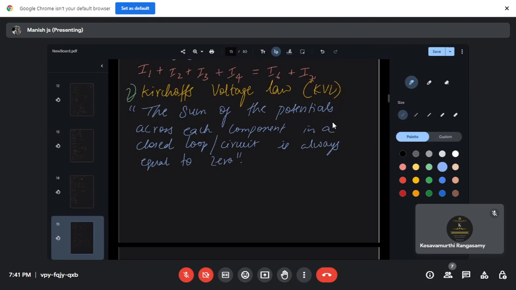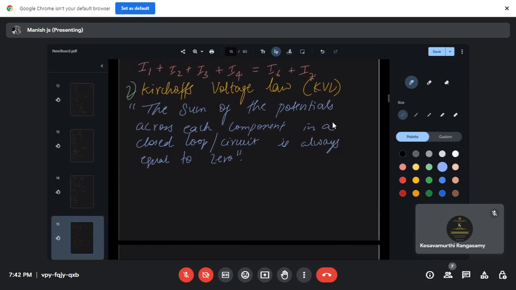Is it clear, children? This is Kirchhoff's voltage law. The sum of the potentials inside a closed loop or a closed circuit is always equal to 0. This is how we represent Kirchhoff's voltage law. This is the statement for Kirchhoff's voltage law.